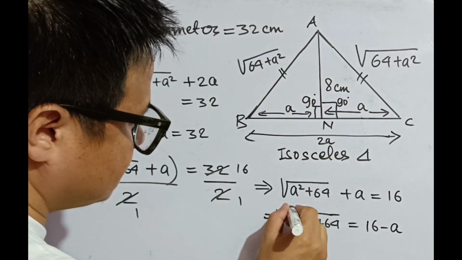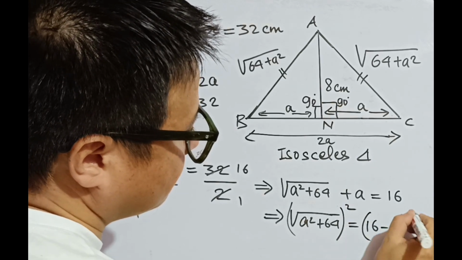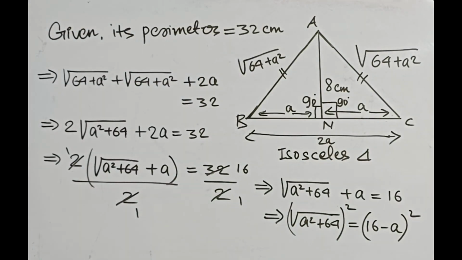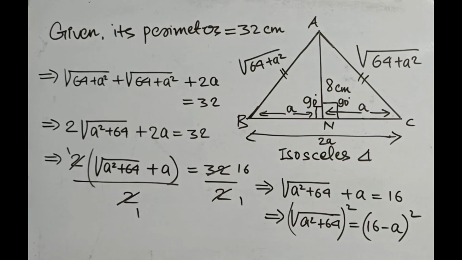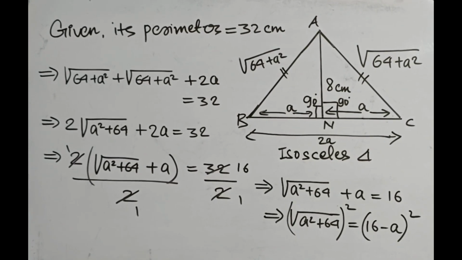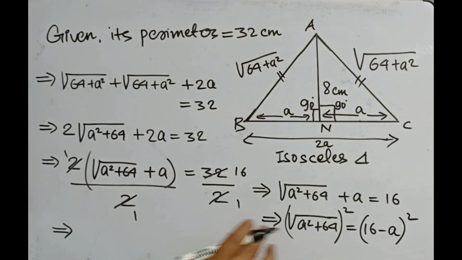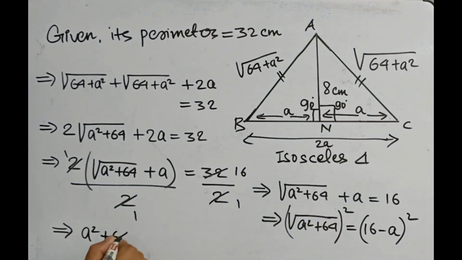Now since there is a square root in the left hand side, we can raise both sides to power 2 to remove the square root. This gives under root of a square plus 64, whole square, is equal to 16 minus a, whole square. In the left hand side, the under root and square are cancelled, so it becomes only a square plus 64.